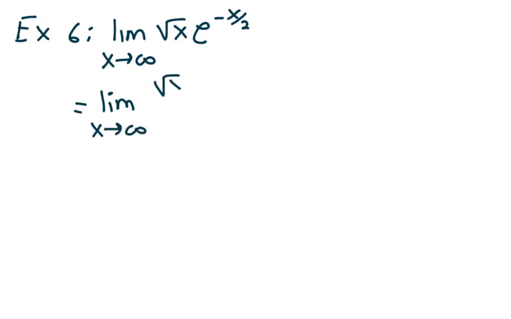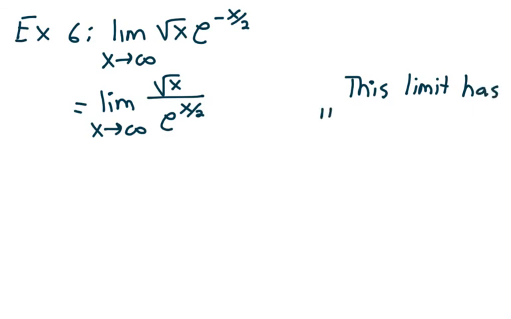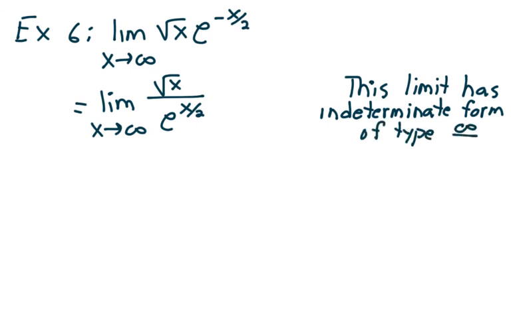And so we get square root of x over e to the x over 2. And this limit has indeterminate form of type infinity over infinity.